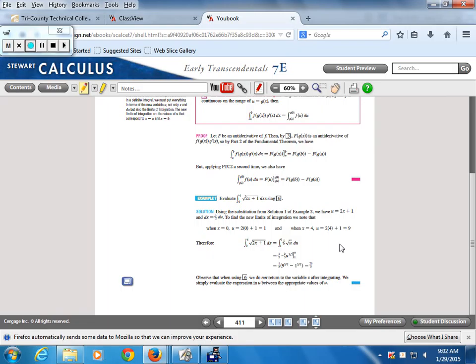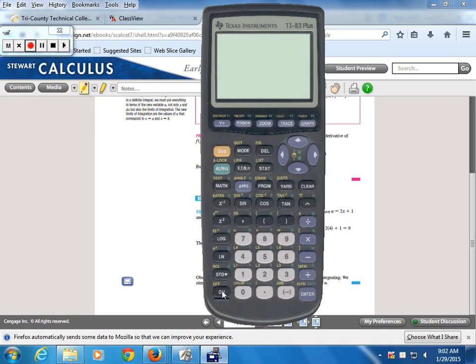So plug the 1.18 into the x squared plus 1, because that's what u is equal to. What do you get? Okay, I'll do it. Y'all are concentrating. 1.18 raised to the second power plus 1. Okay, 2.39.